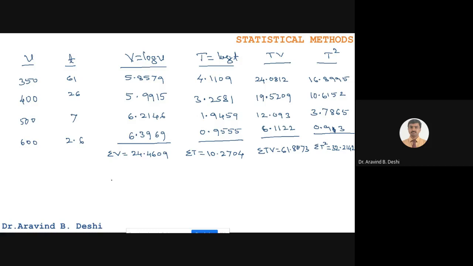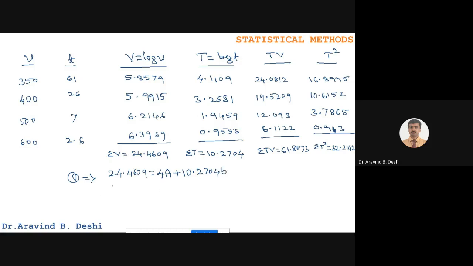Then substitute all these summation values in equation number 1. Summation V is 24.4609 equal to n into a, n is 4, therefore 4a, plus b into summation of T, which is 10.2704 b.